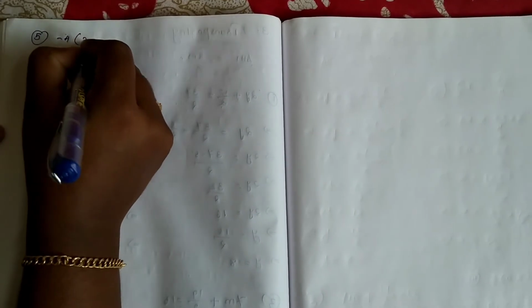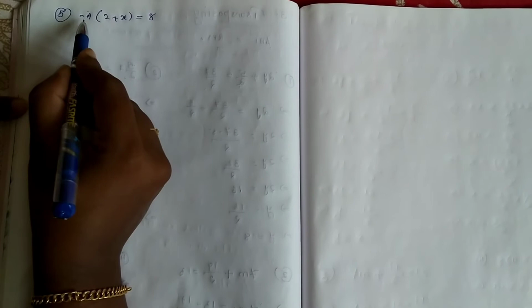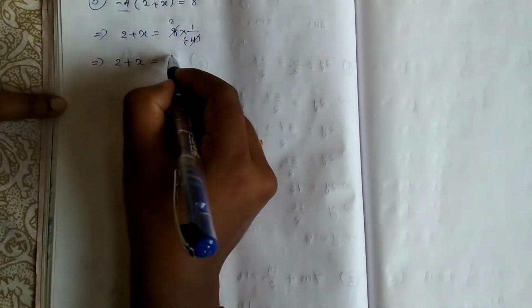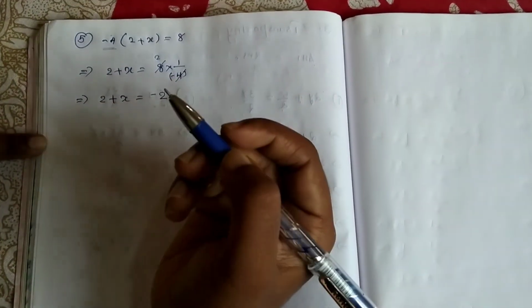Then, minus 4 into 2 plus x is equal to 8. Here it is minus 4. Minus 4 is in multiplication, so it comes to division. So 2 plus x is equal to 8 into 1 by minus 4. This implies 2 plus x, 2 fours are 8, so 2 by minus 1, that is minus 2. 2 plus x is equal to minus 2.